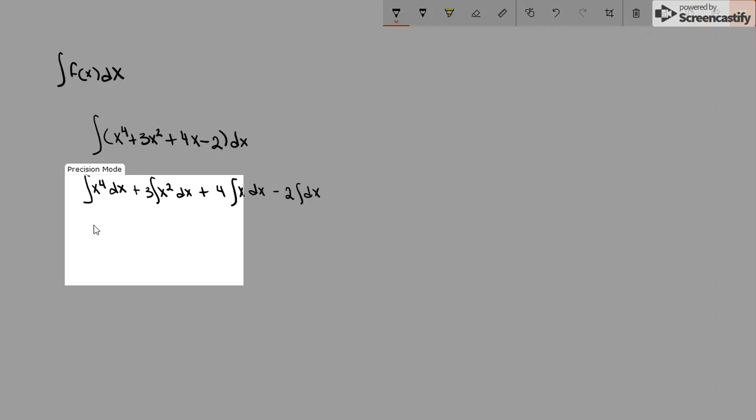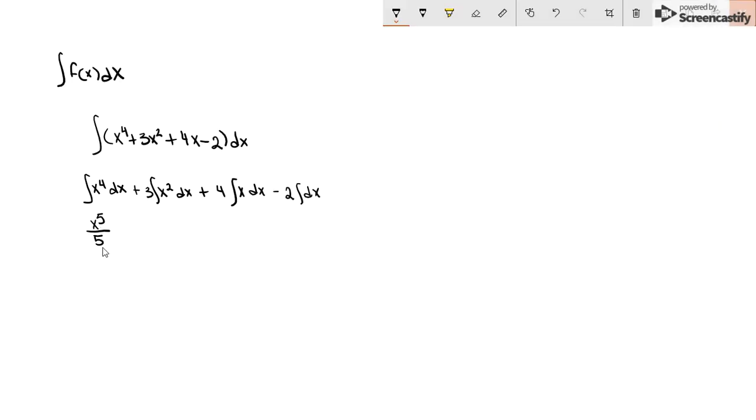So the way you do an integral with a power, it's similar to the power rule, where you took down the n and then did n minus 1. Well, in this case, you're adding 1. So it's going to be x to the fifth power, right? But this is where it's important. You always divide by that power, right?